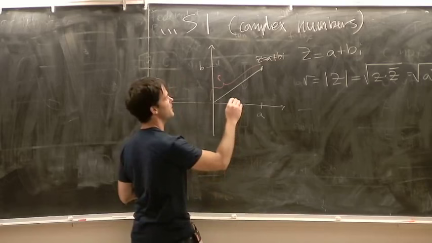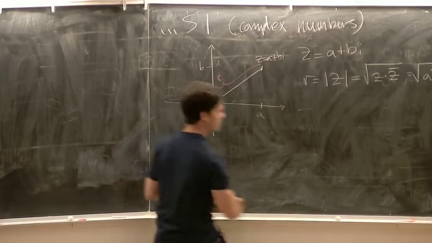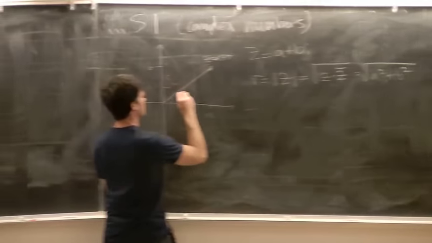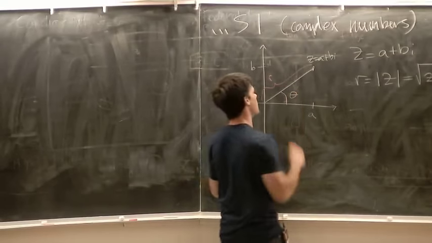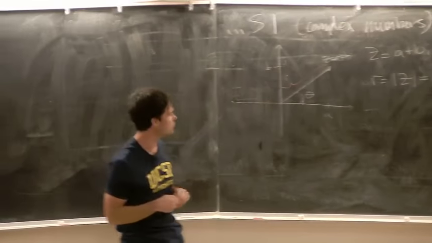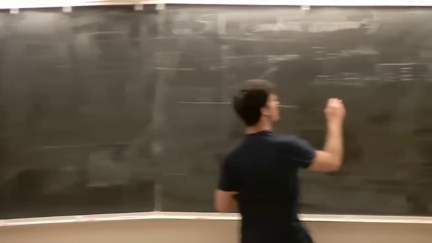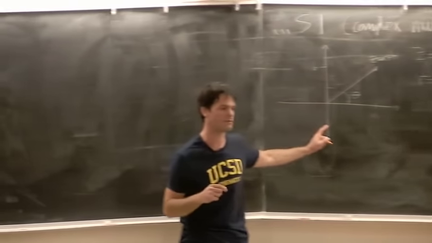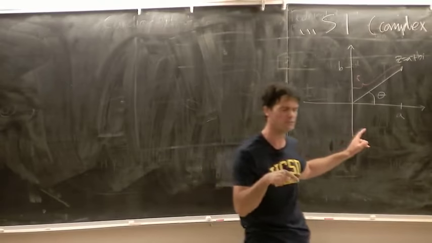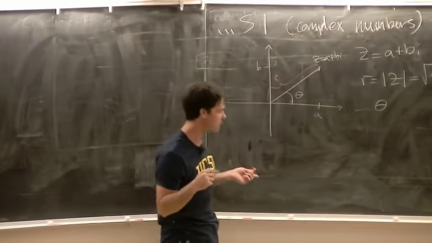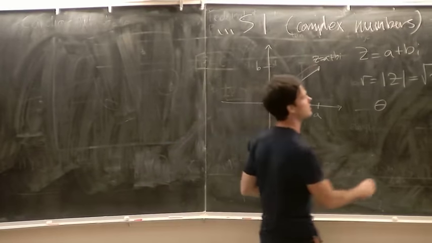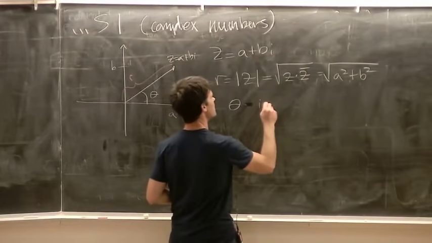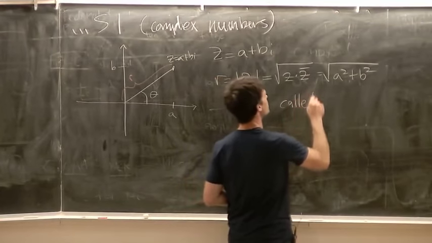I should also talk about the angle. So, all right, here's this angle, which we'll call theta, like usual. Theta, by the way, we have a special name for that. We haven't really used this term before in polar coordinates, but in the context of complex numbers, theta is called the argument.